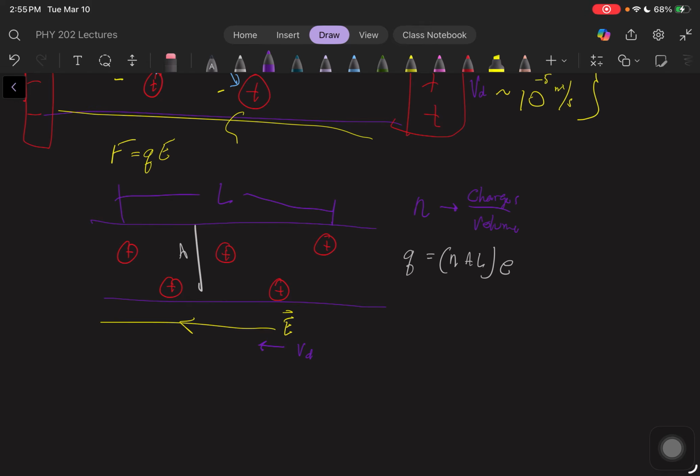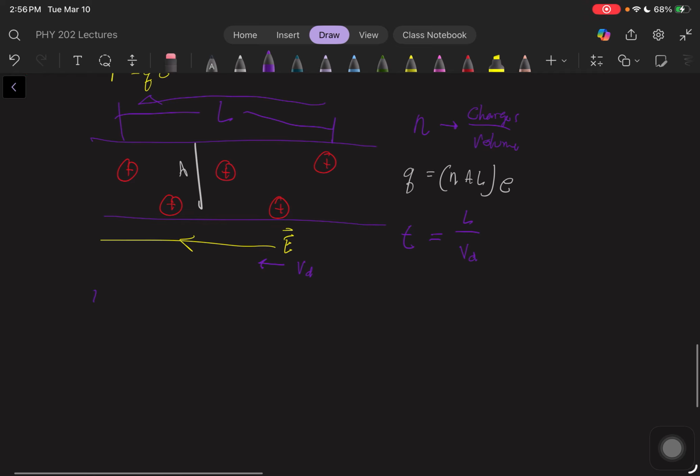The time it's going to take to travel some distance L, we know time is equal to distance over velocity, so L over VD is the amount of time it'll take.